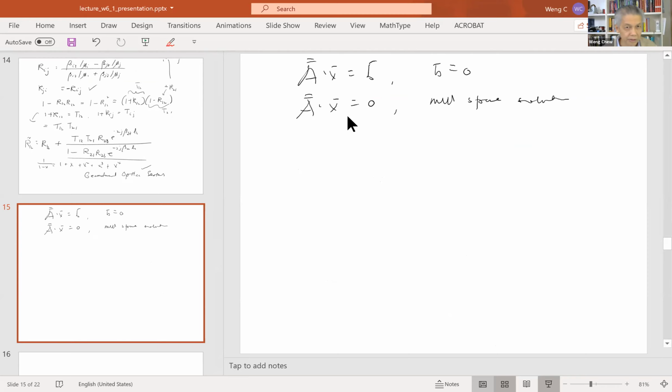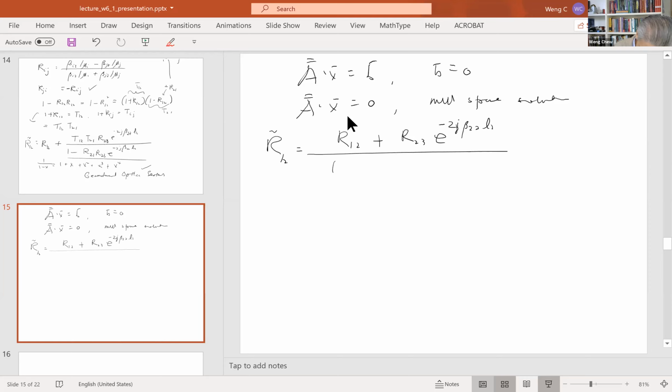Those are all the same thing. And so if you want to look for the guided mode for this problem, one way to do it is to look at the reflection coefficient. When would this reflection coefficient go to infinity?